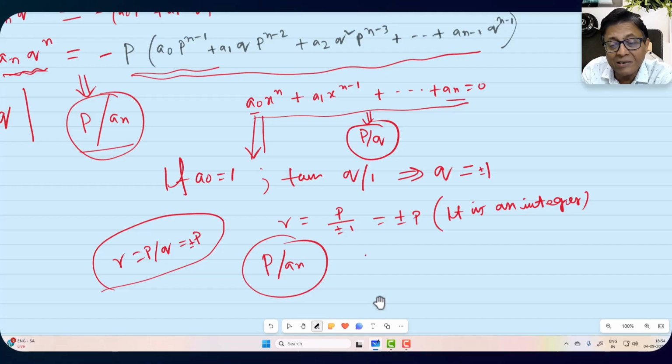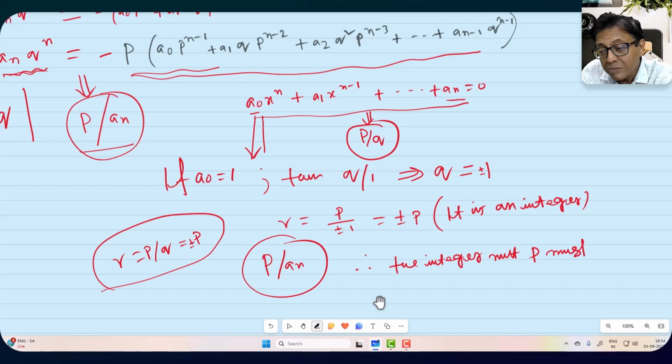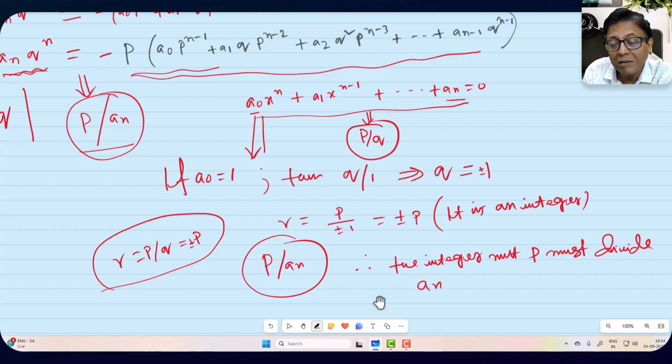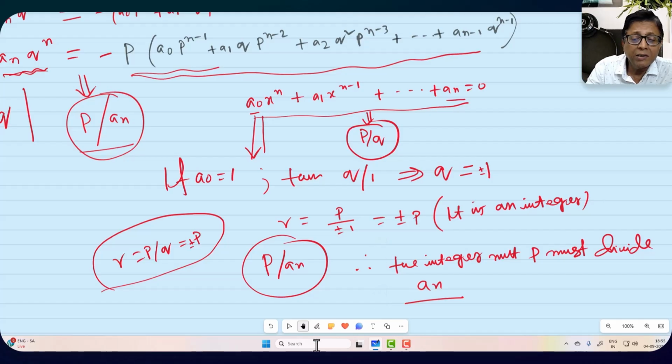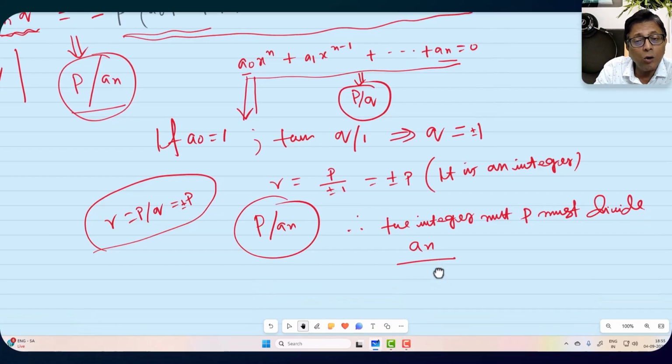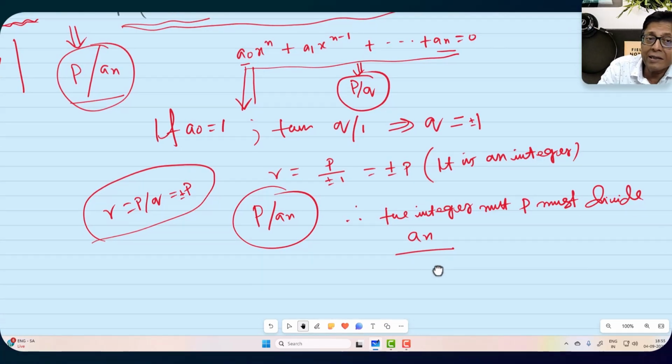This implies that the integer root P must divide An. This is really very helpful to find the integer roots of an algebraic equation.